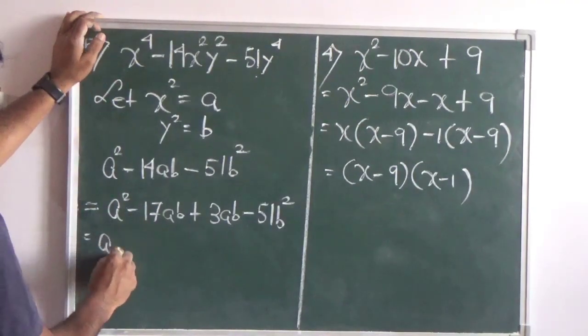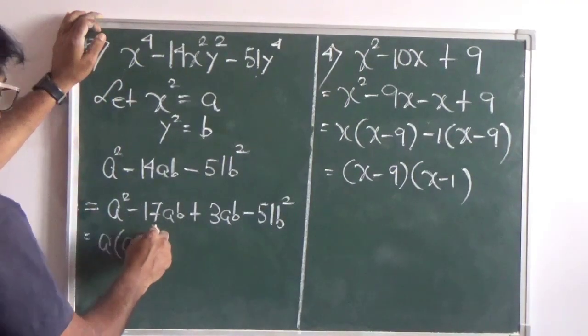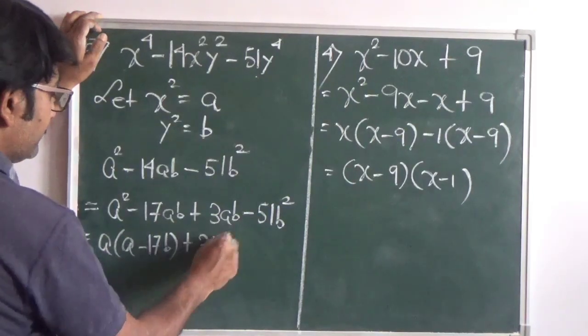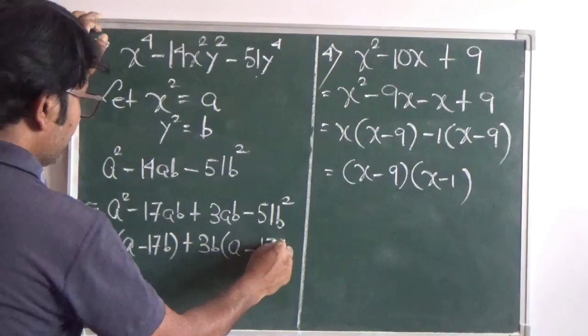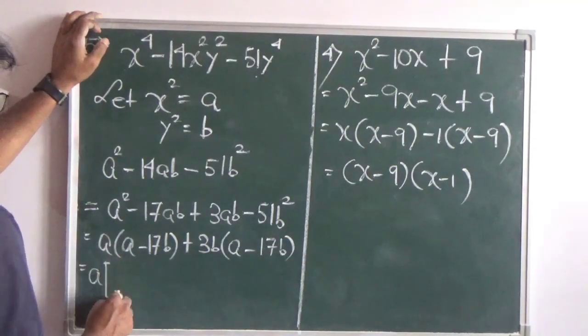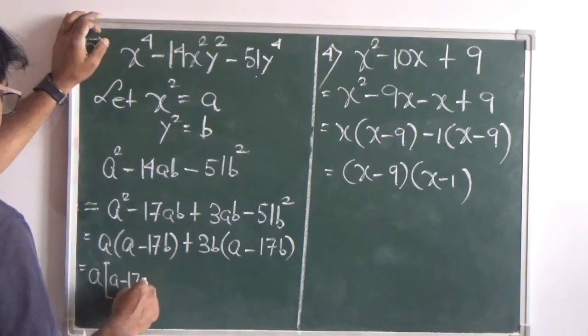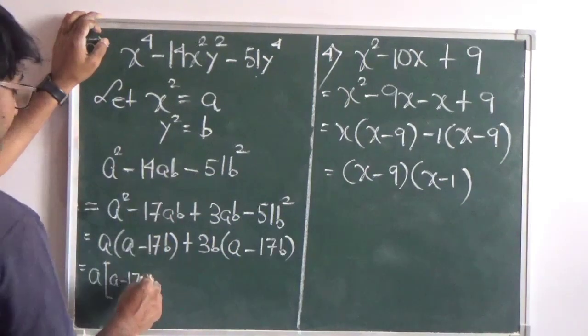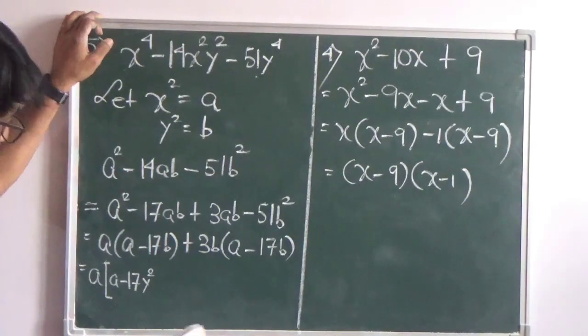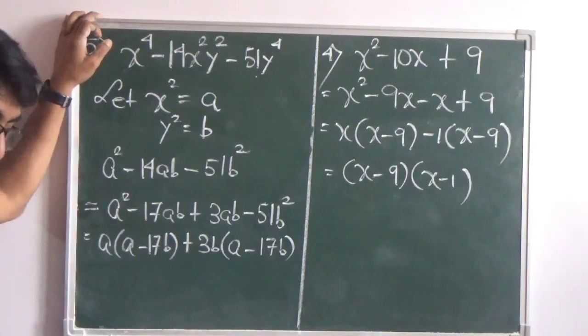We can take a common, so it will be a minus 17b, 3 common, a minus 17b. It is a into a minus 17. What is b? y square. Sorry. What is a?